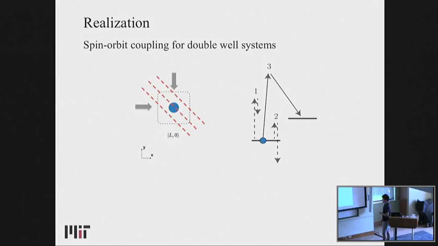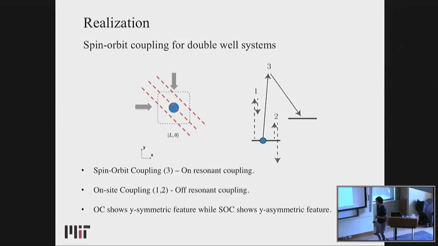However, is there any way we can distinguish these two processes? The question is not actually hard to answer, because in the beginning, when we were doing experiments, we hadn't thought about this on-site coupling, the modulation within the original wells without any spin flipping.